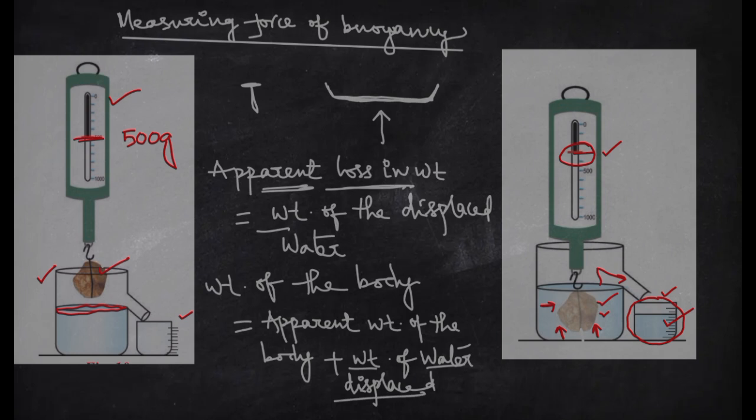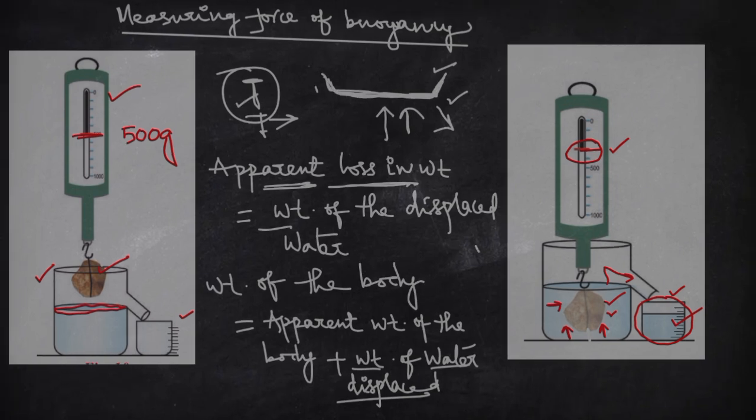If the displaced water is more, then the force of buoyancy is more. In these two cases, the displaced water in the case of the ship is more. So the weight of the displaced water is more, so the force of buoyancy is more. That's why ships float on water.